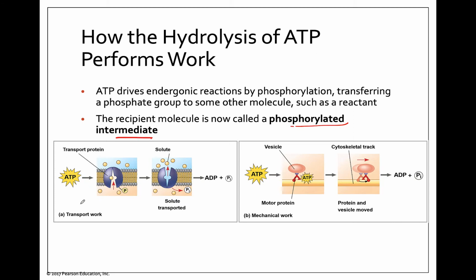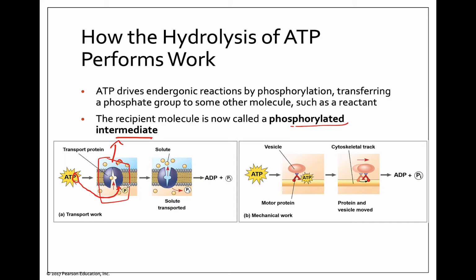So here is my ATP. This is just going to be an active transport molecule, so this looks like just a generic carrier where we're going to move these yellow circles from an area of low concentration to high concentration. So what happens is the phosphate breaks off of the ATP and physically sticks to this molecule. This is my intermediate.